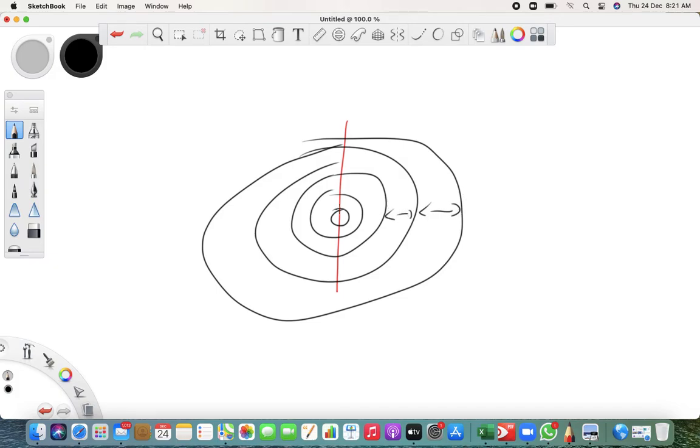So if you put something nearby and something farther away, which will experience more magnetic field, A or B? Definitely A, right? So the third thing: the magnetic field decreases as the distance increases.